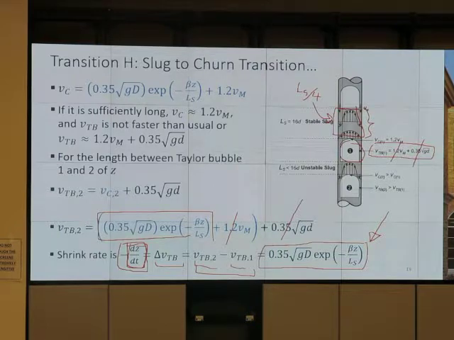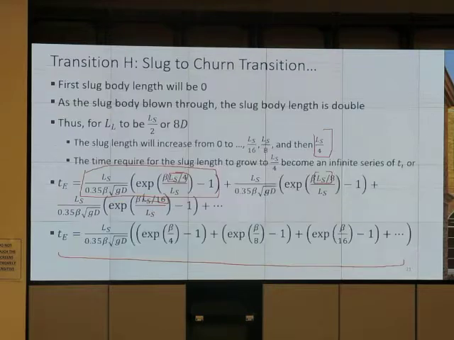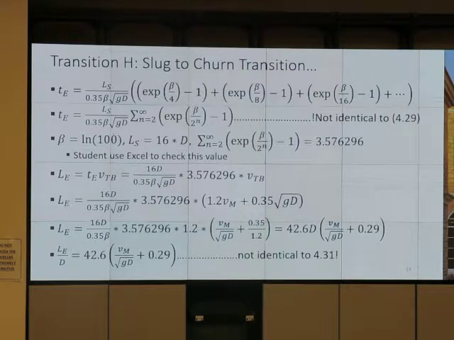And L_s over 2 equals 8 diameter. Where's that? We change that. You see that L_s? There's no way I can calculate anything until I substitute the value to be 8 diameter.